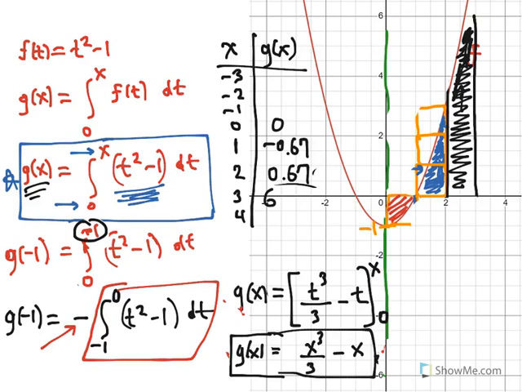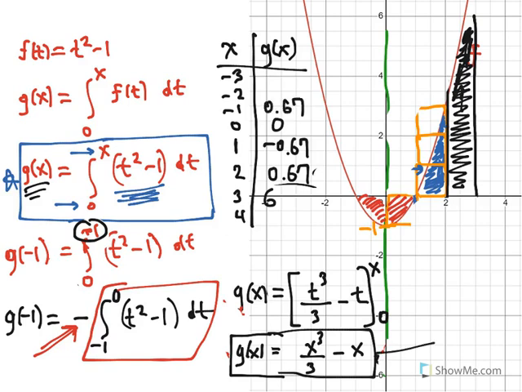So that area is the area of this region here, which is below the t-axis. And that area would actually be negative, and it would be negative 2/3. But then you have to multiply that by negative 1, giving you positive 2/3. So g of negative 1 will be 0.67.